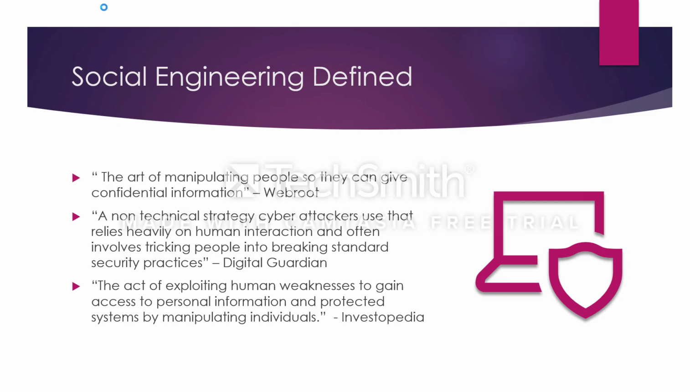Investopedia discusses that it's the act of exploiting human weaknesses to gain access to personal information and protected systems by manipulating individuals. So what we get out of all three web sources is that social engineering is really defined as someone on the other side that the users trust, and hackers use that as an advantage to try and gain sensitive information from them.